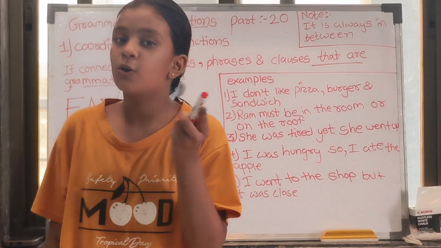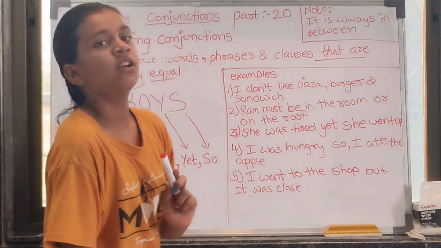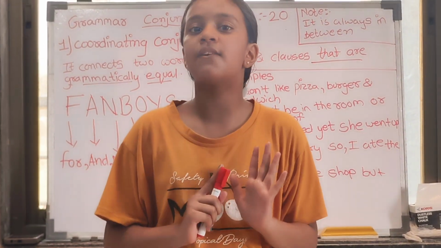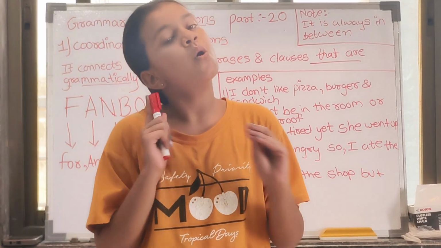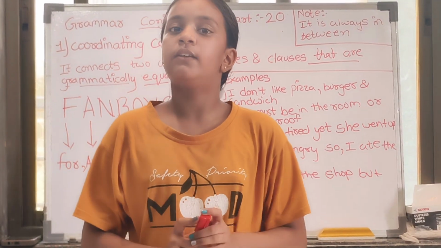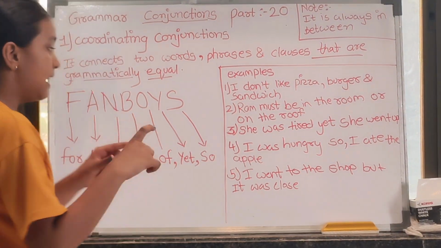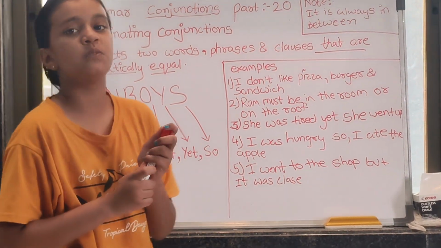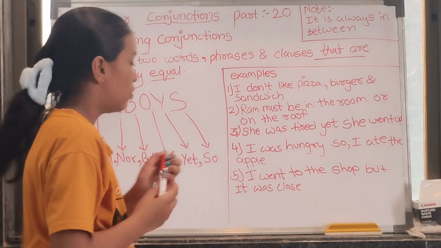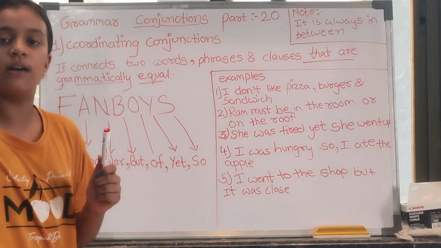Clear? So those are known as coordinating conjunctions. Now there are only seven, see, FANBOYS. Okay, let's take this word FANBOYS.